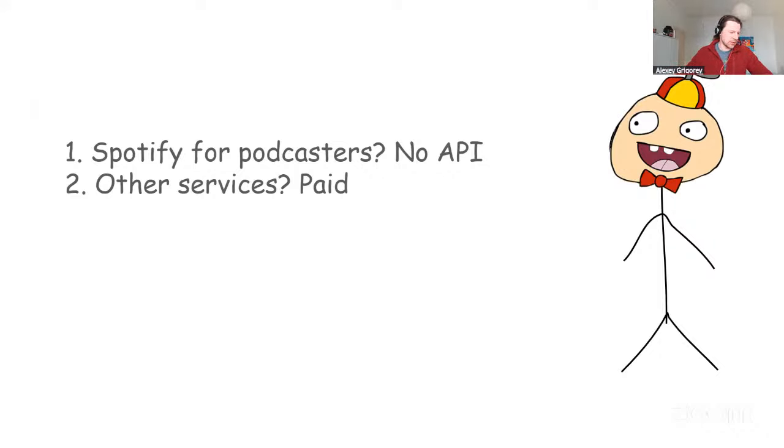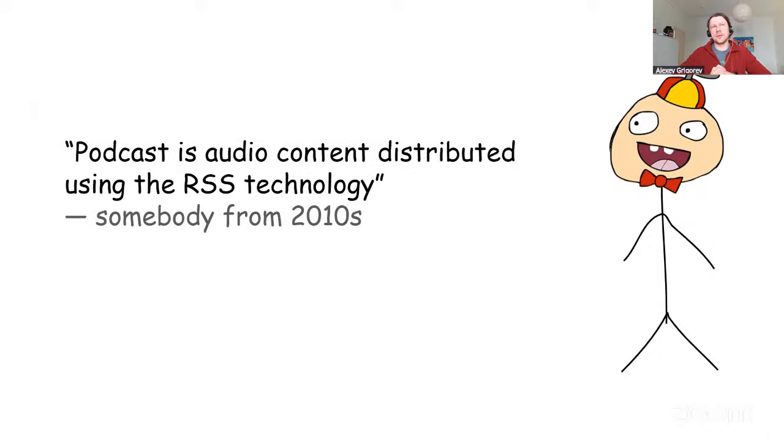And I was thinking, do I really want to start paying for this pet project? Or maybe there's something else. So I was thinking what else I could do. And then I remembered a video from quite some time ago, maybe 15 years ago. There was an interview where they talked about podcasts.